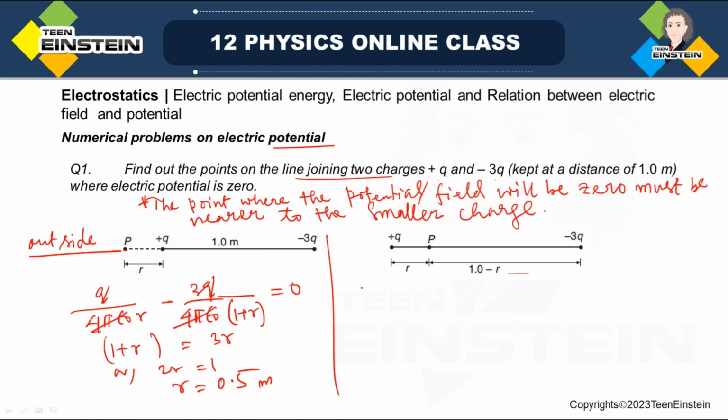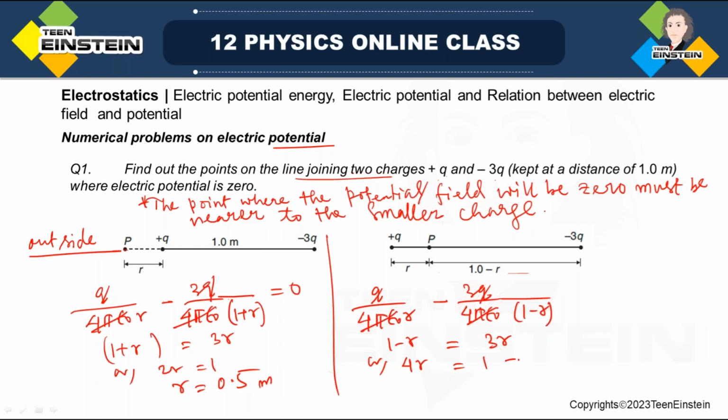So I can write here also q by 4 pi epsilon naught r minus 3q by 4 pi epsilon naught into (1 minus r). Here also this part will be cancelled out. So 1 minus r is equal to 3r. That means 4r is equal to 1, so r is equal to 1 over 4. So this is 0.25.